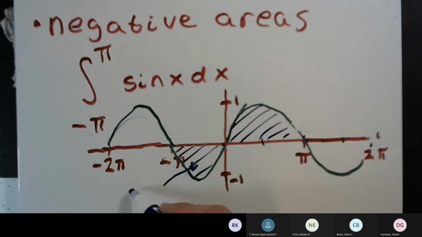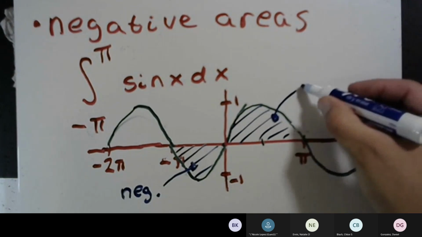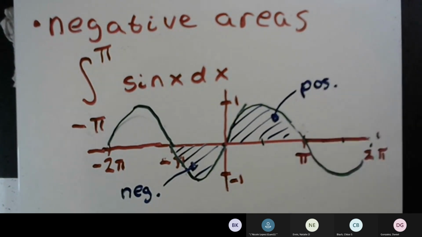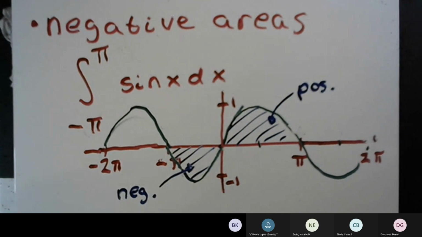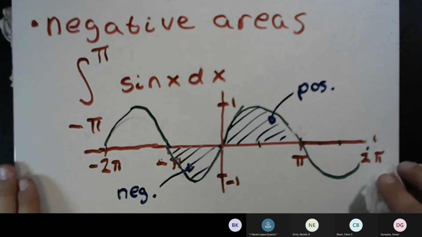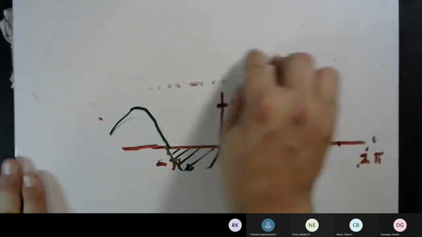The one below the x-axis is negative, and above the x-axis is positive. So if we do the integral of this function, what it means is that if we integrate from here to here, we're going to get 0. And this is the same thing we saw with the symmetric functions.